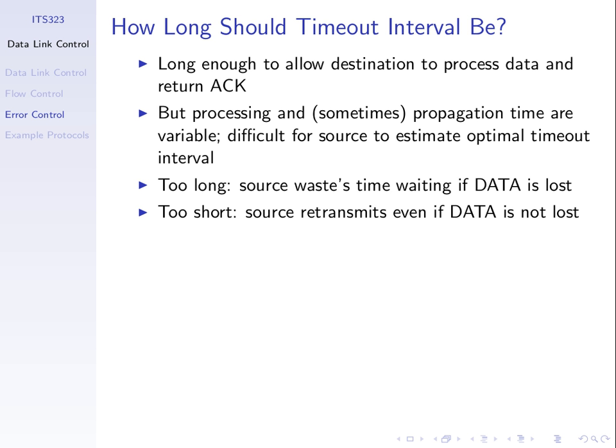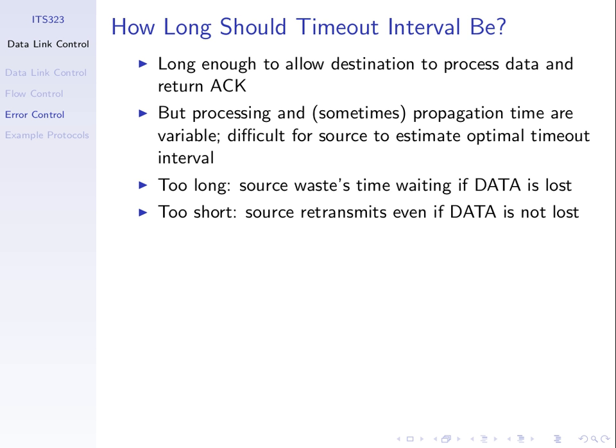So ideally, in this case, if the timeout period was about here, then in this case the data is transmitted, propagate, ACK comes back, everything's fine. If the data was lost or an ACK was lost, then we'd time out at this time and retransmit.